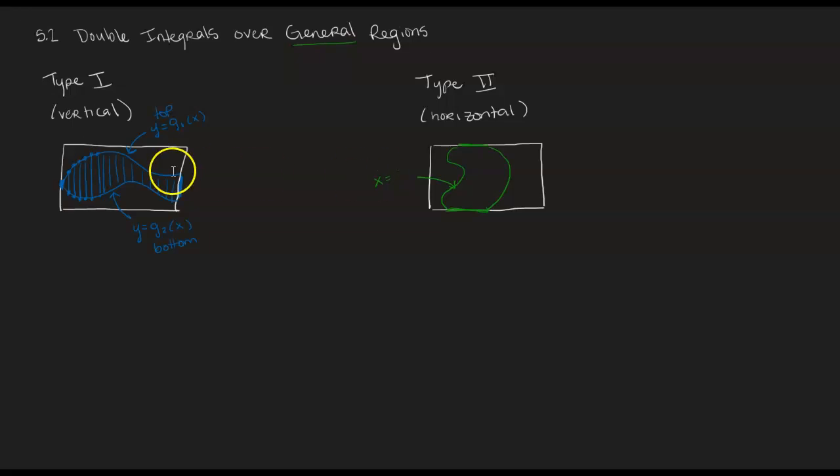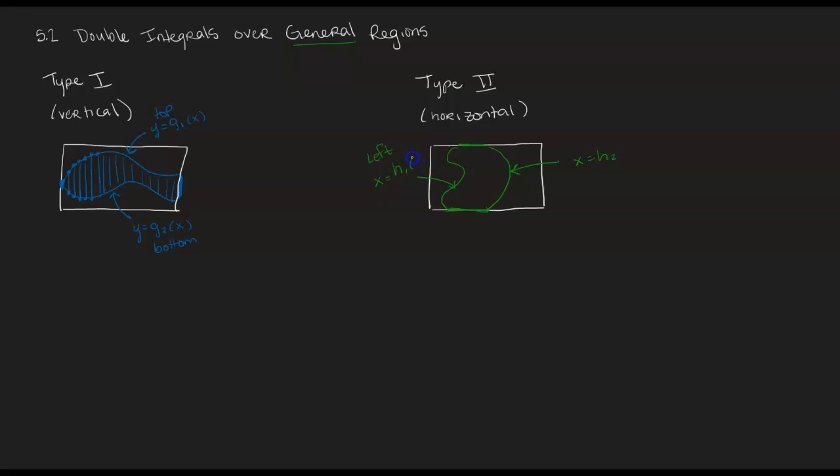So we would have to rewrite this as x equals some function of y. Instead of calling it y equals f of x or x equals g, we're going to denote this with an h. Our leftmost function, we'll call that h1. That's our left side. And our rightmost function, we'll call that h2. Oops, and I'm writing that as a function of x. That's a bad habit.